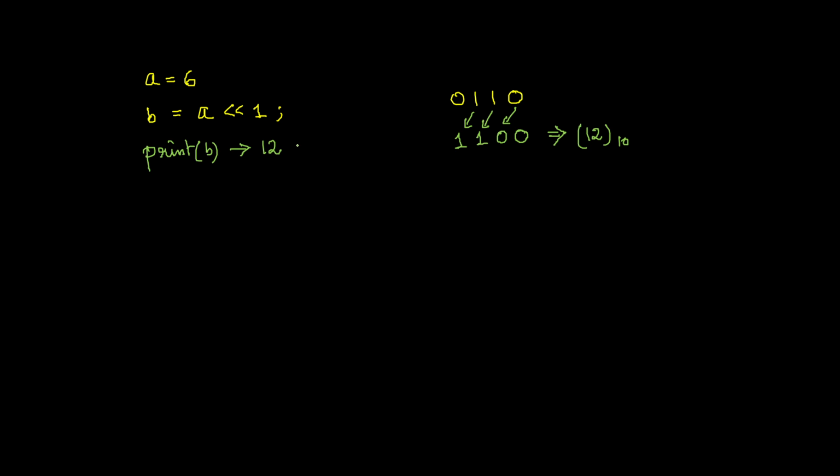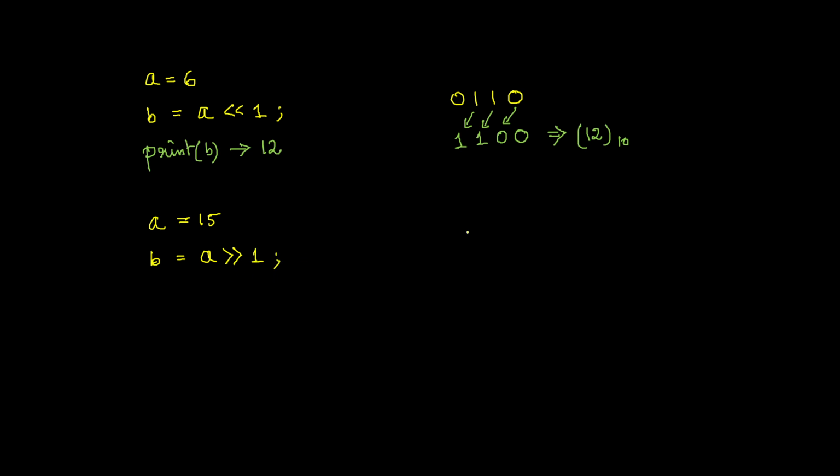There is another scenario we can have. For example, suppose A is equal to 15. I have written A equal to 15, and here I have written B equal to A double greater than 1. What does it mean? It means bitwise right shift once.